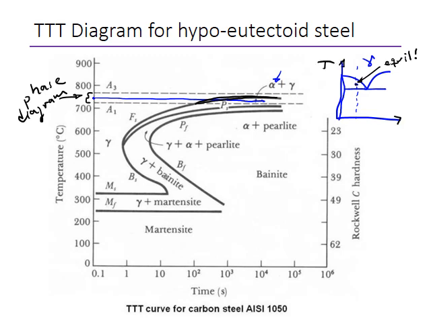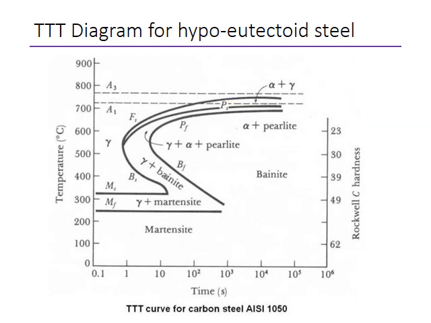These are thermodynamical phase diagrams, so you are assuming equilibrium regardless of how long you have to wait for the equilibrium to happen. So we have these regions between A1 and A3.